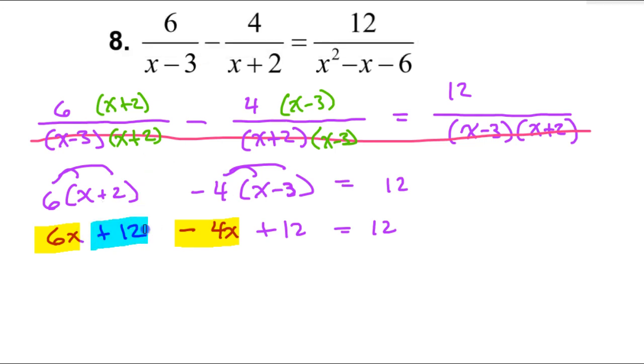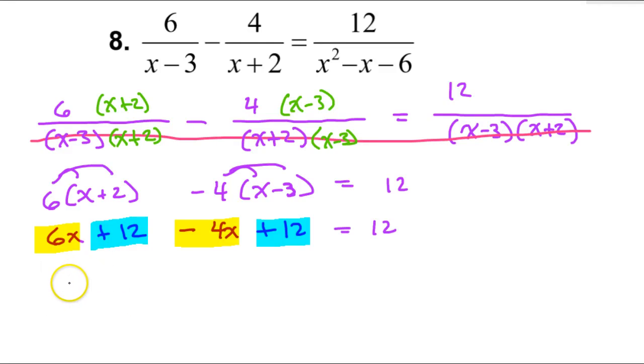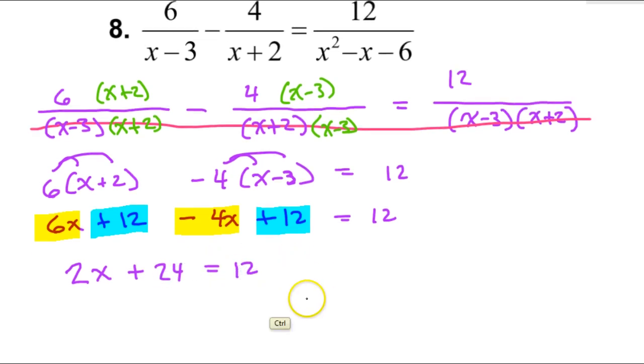And the 12x and another 12x, those are like terms. So if I put those together, I'm going to get 2x plus 24 is equal to 12. Okay, so let us subtract 24 from both sides.